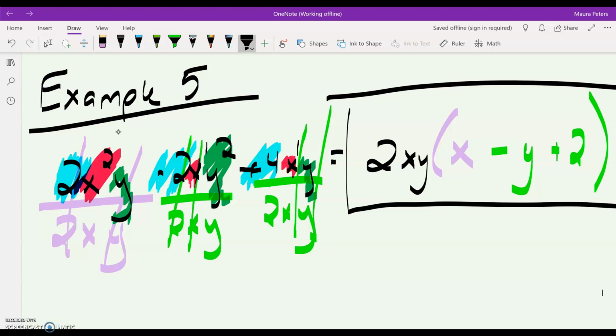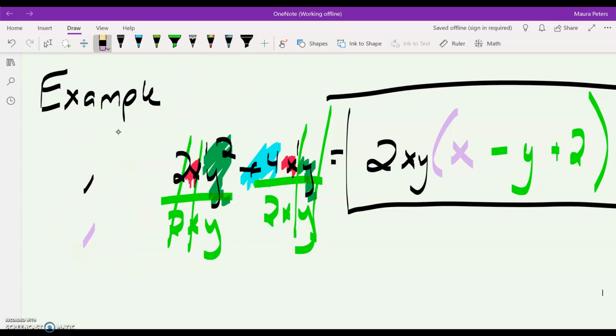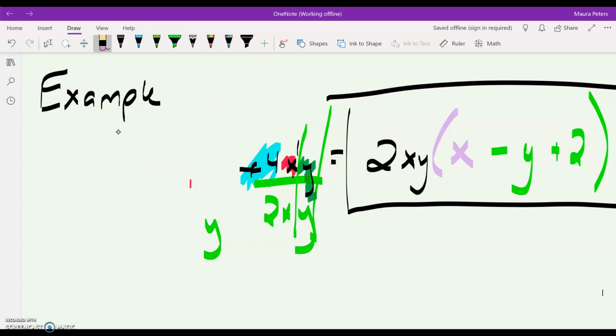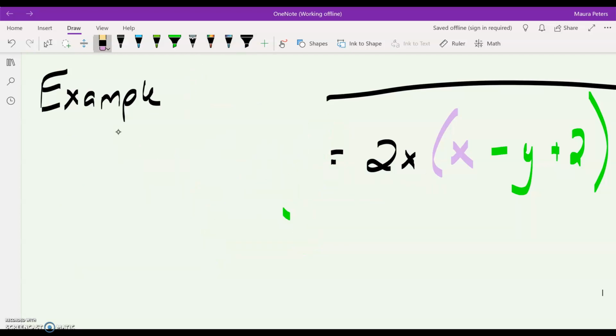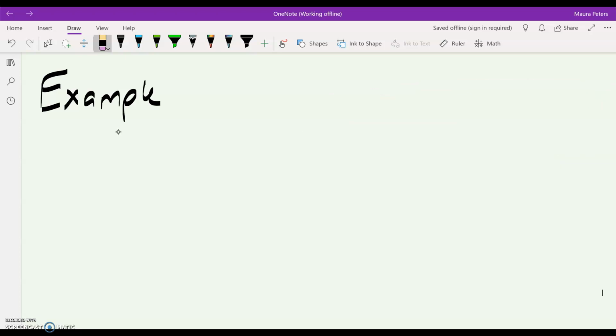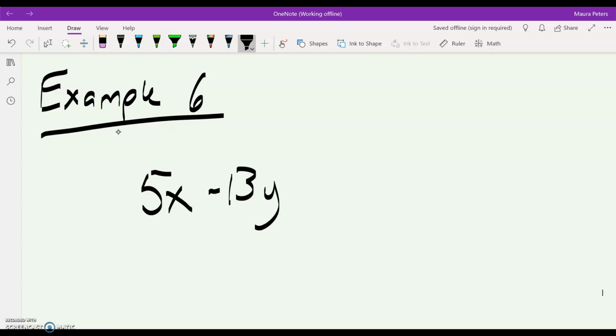And here goes one more example where a special case happens. This is example 6. Let's say we're given the problem 5x minus 13y. We take a look at this 5 here, we take a look at this 13 here.